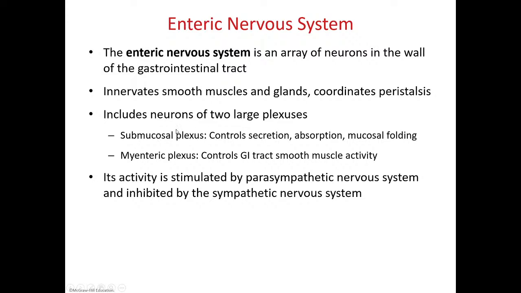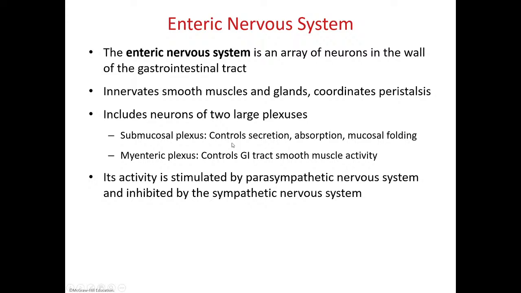Anyway, the enteric nervous system includes neurons from two large plexuses, the submucosal plexus and the myenteric plexus. The submucosal plexus is located in the submucosa of the wall of these organs, and then the myenteric plexus is located in the muscle layer, as part of the muscle wall here.